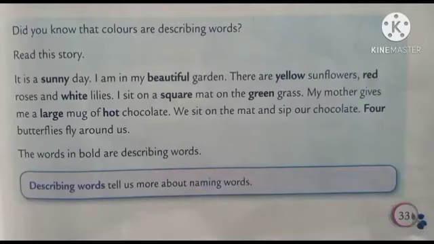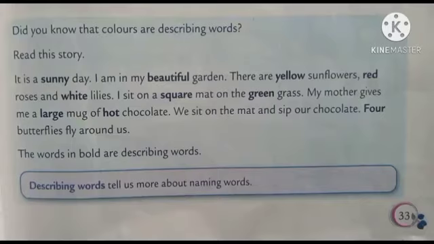Now, see the sentence, I am in my beautiful garden. The noun over here is garden. What kind of garden it was, children? Beautiful. So, beautiful is a describing word. It is describing the garden.